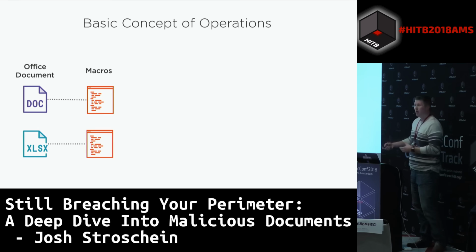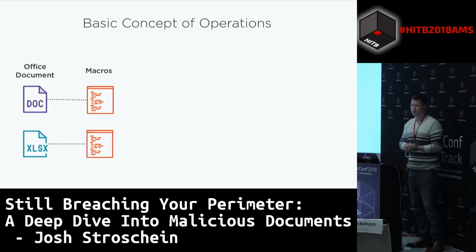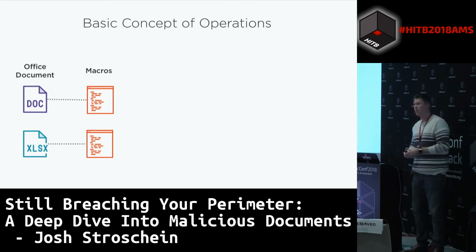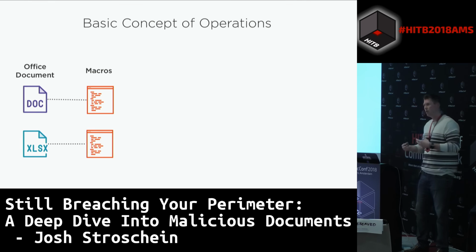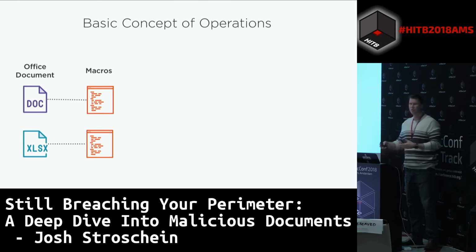This doesn't mean, or I'm not trying to imply, that only macro-enabled documents are malicious. There are some techniques, as I alluded to earlier, with some of the more recent CVEs around the Office suite, where attackers are trying to find ways to get code to execute, scripts or otherwise, without using macros, although they still require some degree of user interaction.